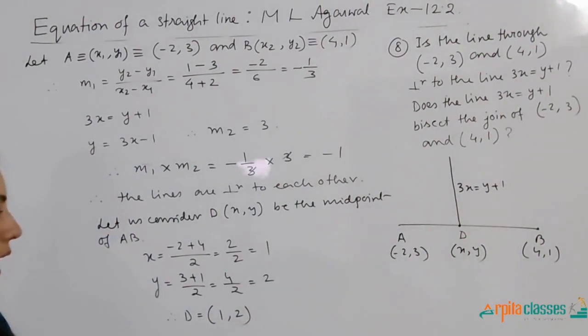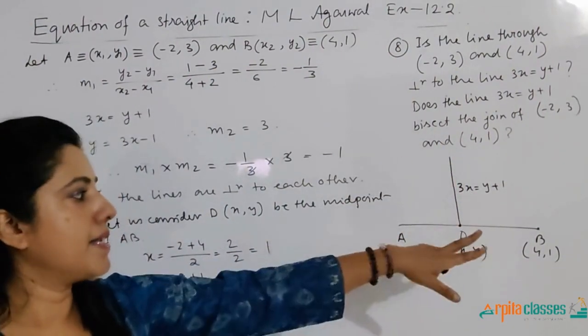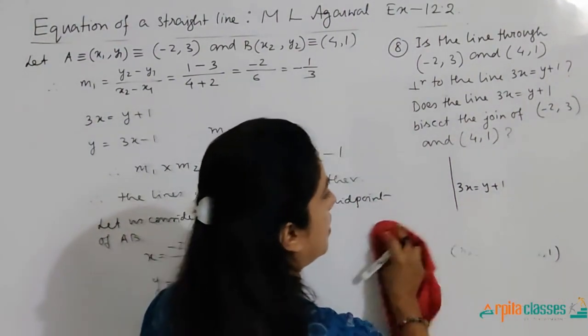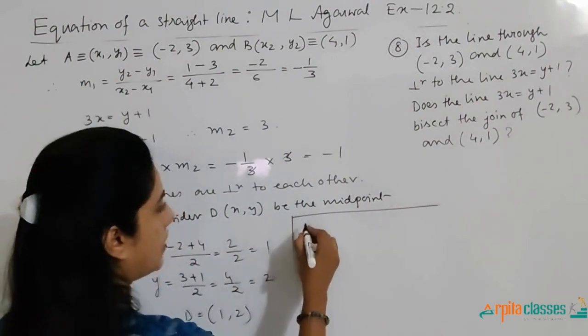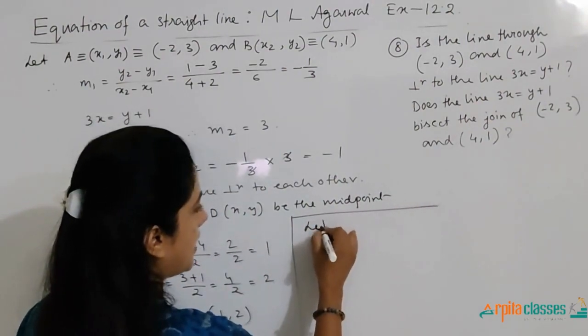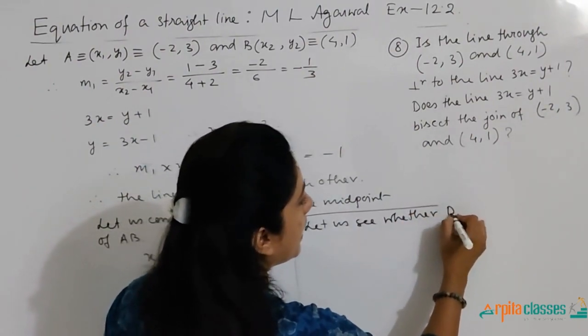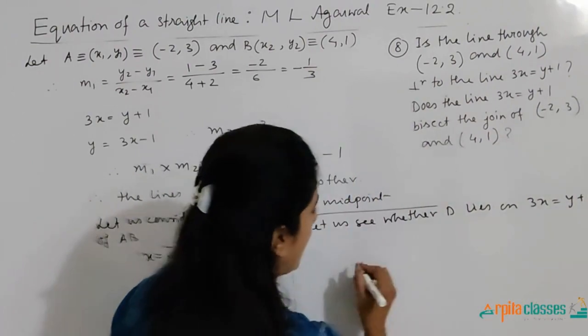Now if we can show that D is lying on this line, that means this is bisecting the join. Let us see whether D lies on 3x = y + 1.